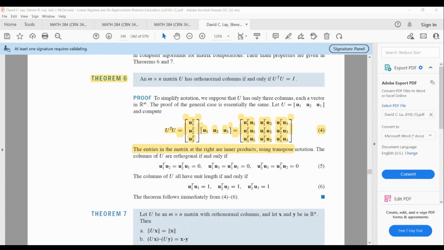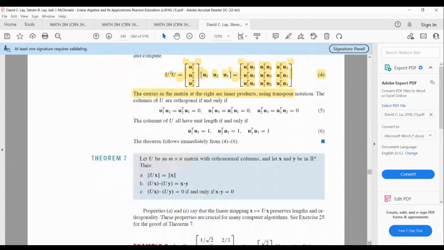Then they talk a little bit more in theorem 7 about what happens if you have a matrix U and you multiply it by a vector X. Part A says that the length of Ux is simply equal to the length of X. I like doing this because it's reviewing concepts; you learned about length in section 6.1.